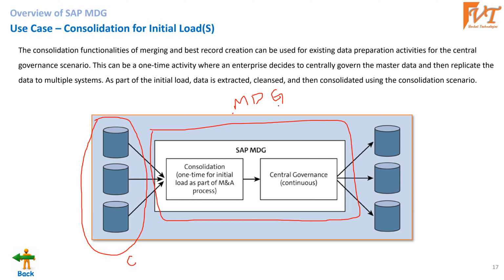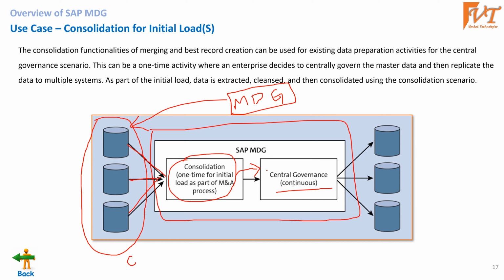And using that MDG system, they want to govern all the master data of these three systems. So for that, what do they have to do? They collect all the existing master data from the source systems, consolidate it, and load that master data into MDG, the central governance system.